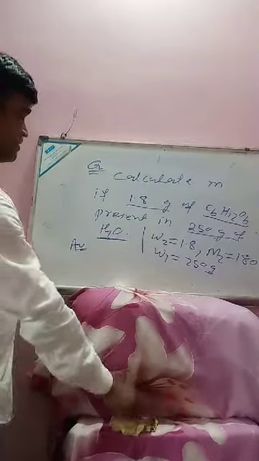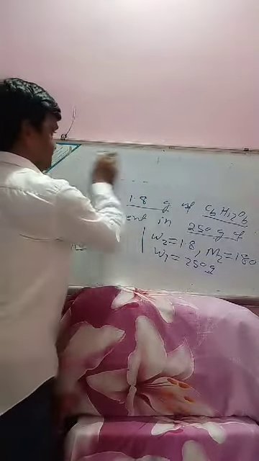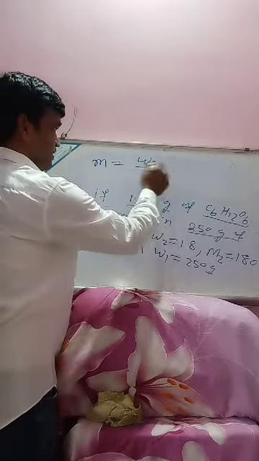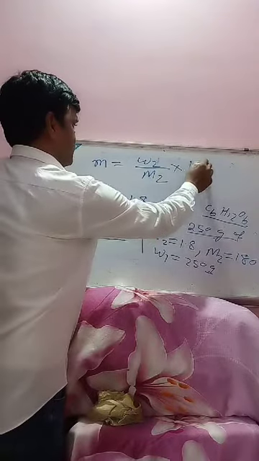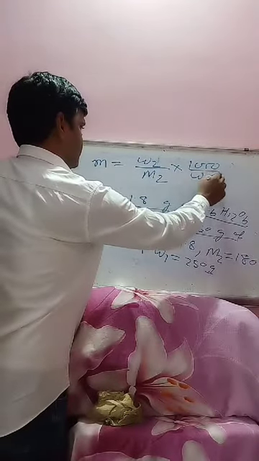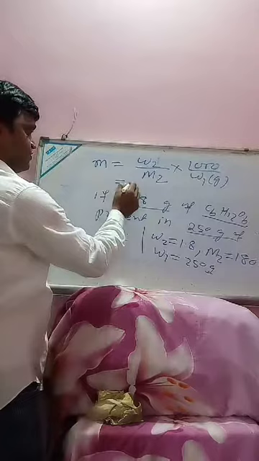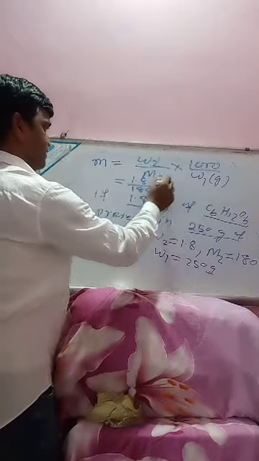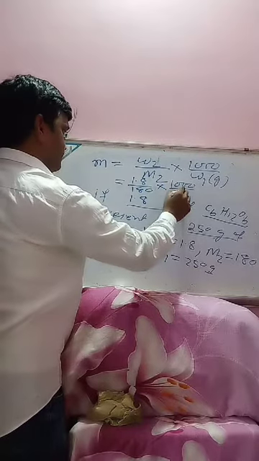Then what is the molality? Molality is W2 by M2 into 1000 by W1 in gram. So it is 1.8 by 180 into 1000 by 250.